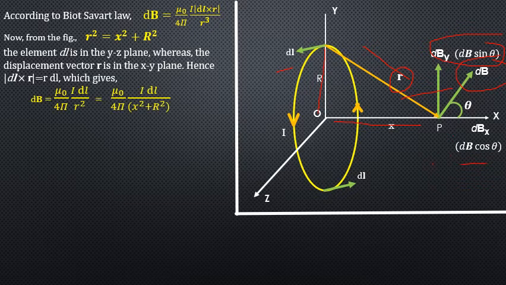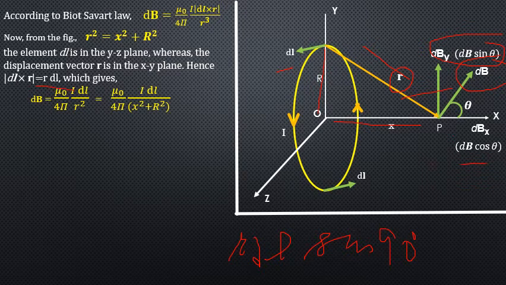So in this situation, we can write dl cross r as r dl sine 90, since the angle between vector dl and vector r is 90 degree. So when I take dl cross r, it will be r dl sine 90, right? And sine 90 is 1. That's why dl cross r becomes r dl.